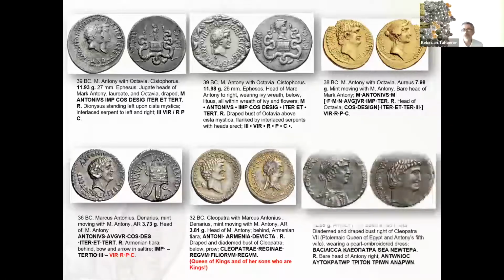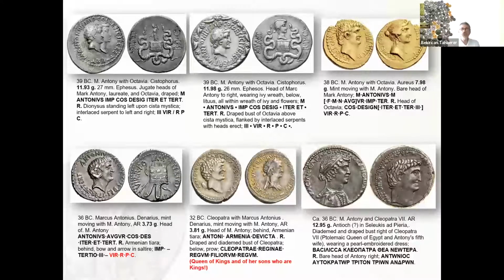She's not so modest. And this might not be considered a Republican coin, but it has Greek legend, not Latin legend, but it is a remarkable coin, a well-known type. And on the obverse this time, we have Cleopatra, and on the reverse is Marcus Antonius with his titles.